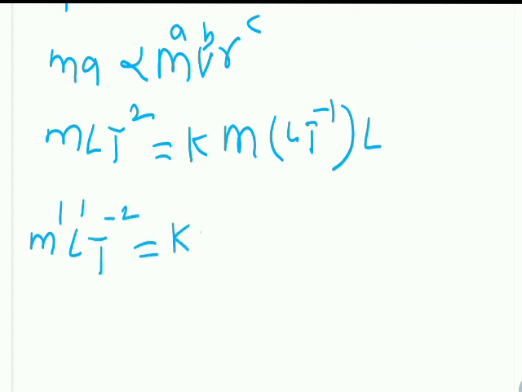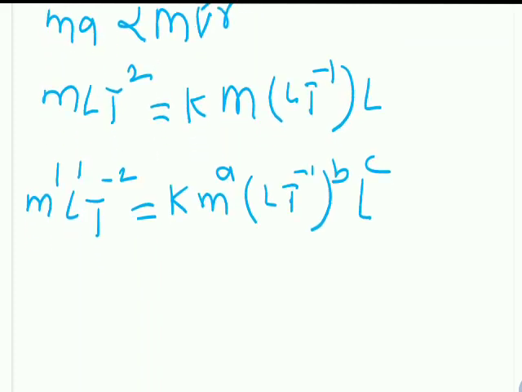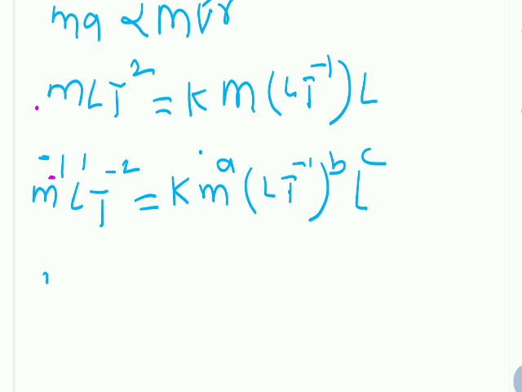So K into M to the power of A, V to the power of L, T to the power of minus 1, nothing but B, L to the power of C. So equating both side powers, then M power is equal to A, nothing but A is equal to 1.